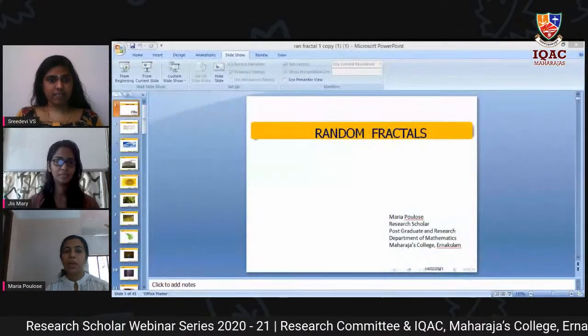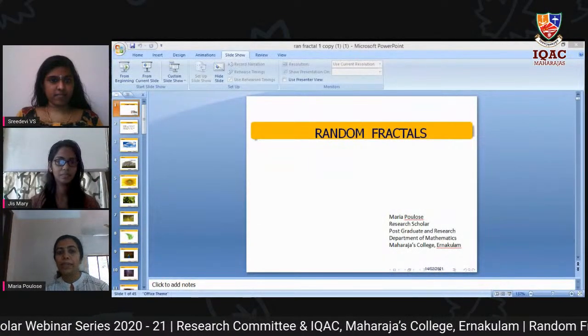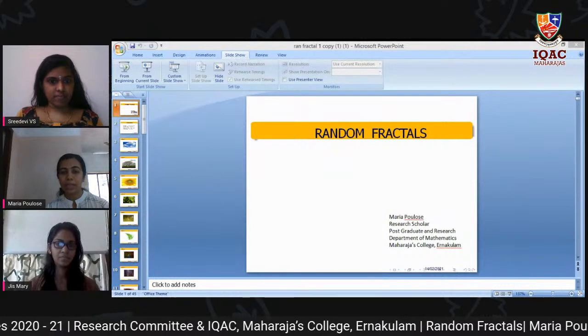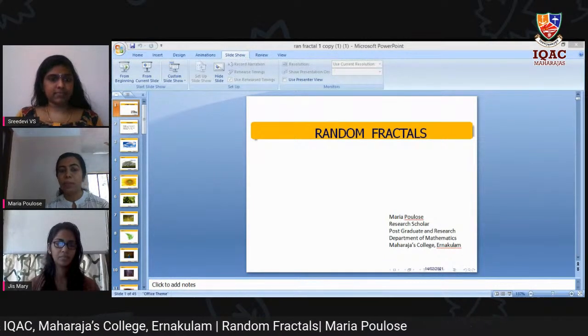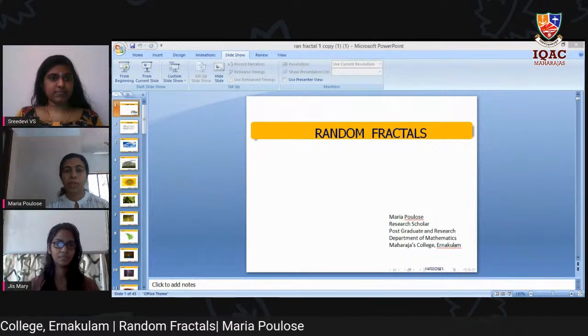Introduction. Many objects in nature can be created by applying classical geometry like lines, circles, conic sections, polygons, and so on.